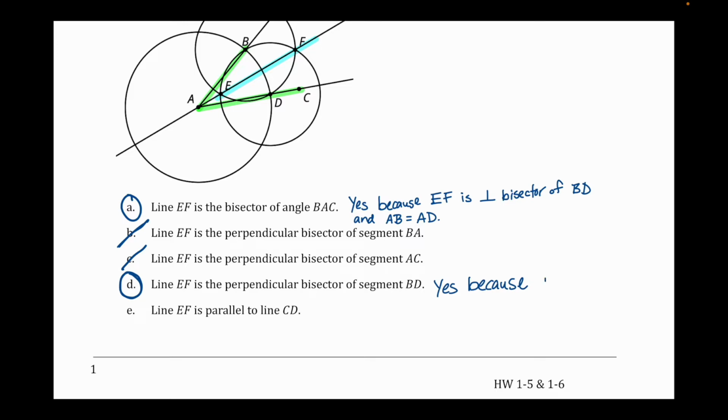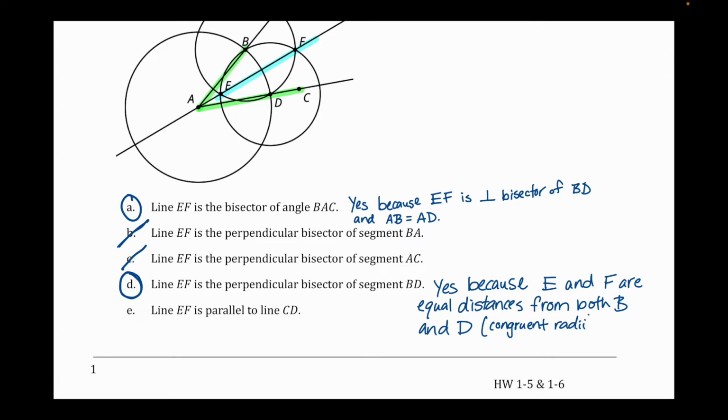We can say E and F, sorry, because E and F both of those are important, are equal distances from both B and D. I'm going to say congruent radii, just to be a little bit more specific in case they want to know why we're able to say they're equal distances.